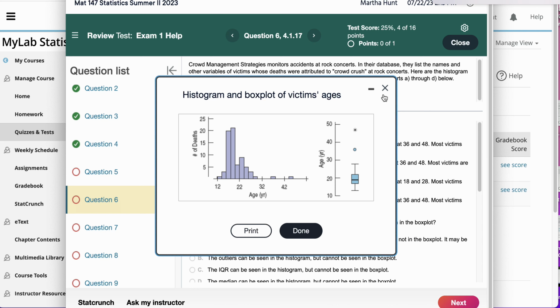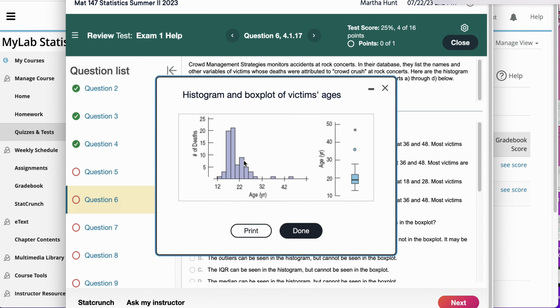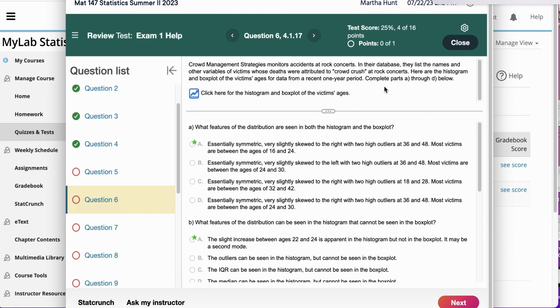So it's a good thing we have the answers. They are reasonable, and this could be a second mode right here. If I was a student, I'd say, wow, it's a good thing I looked at this problem. It all sounds reasonable. When I get to do it on the test, I know what to look for.